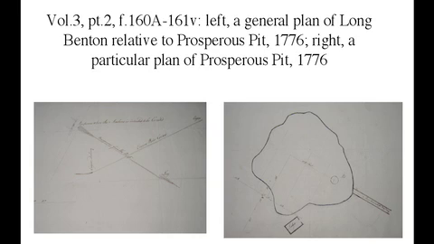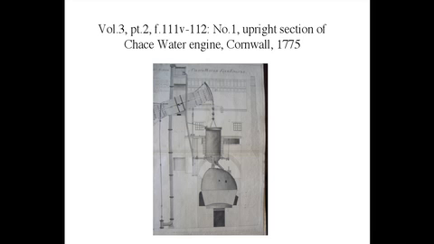Smeaton's most powerful engine was the massive 72-inch cylinder engine at Chasewater Mine in Cornwall, the drawings to which of 1774 to 1775 are exemplary. The first is an upright section of the engine house with an explanation, scale and measurements, and dotted lines to represent the parts hidden from view.